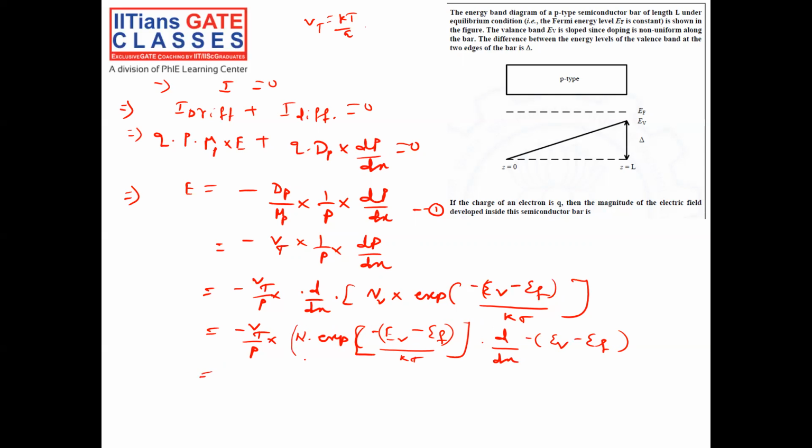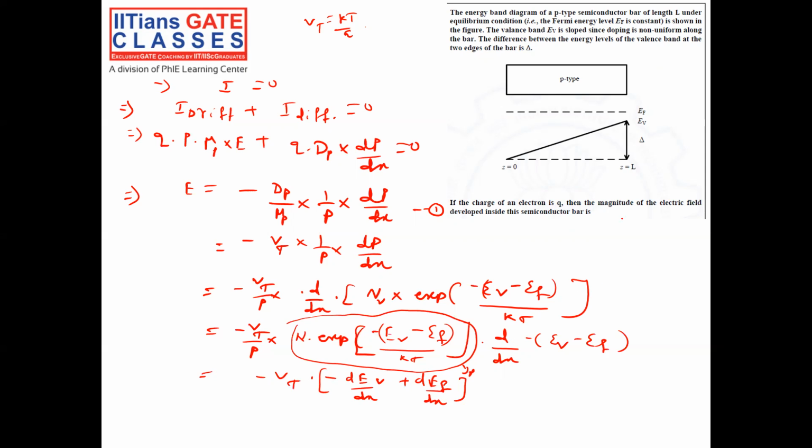Since this quantity is nothing but p only, the p gets canceled, so I'll get Vt into minus dEv by dx plus dEf by dx.